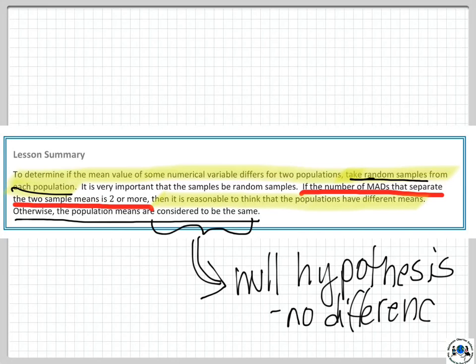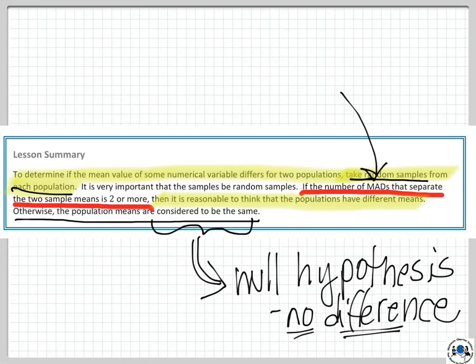But what we are always trying to do in statistics is reject the null hypothesis, and the only way you can do that is if, in this case, we had a MAD of 2 or more separating the two sample means.